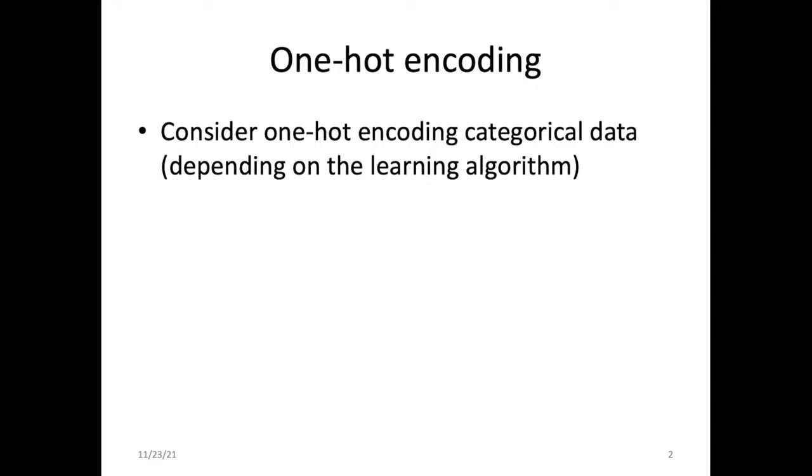So the first one is one-hot encoding. When you have categorical features, what should you do? Remember that in KNN, can you use categorical features for KNN? The answer is it depends. It depends on whether you can define the distance between two categorical features or not.